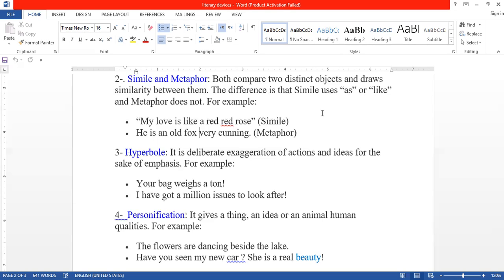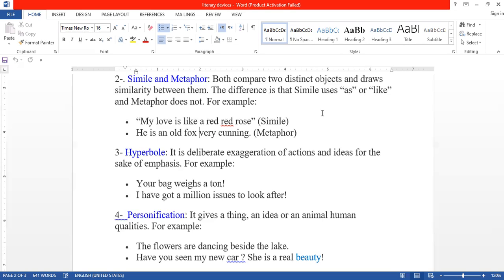Hyperbole is deliberate exaggeration of action and ideas for the sake of emphasis. For example, your bag weighs a ton. I have got a million issues to look after. Yes, it's a deliberate exaggeration.